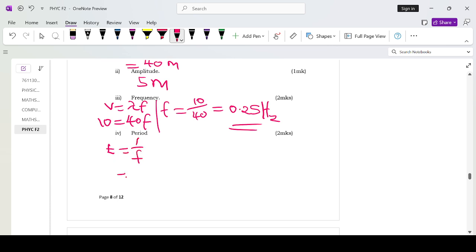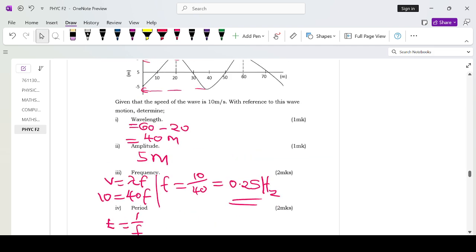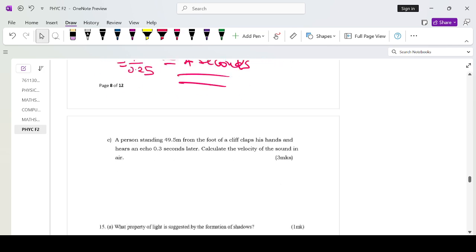So this is like saying 1 over 0.25. 1 divided by 0.25. Let me use my calculator. 1 divided by 0.25. I'm getting 4. 4 seconds. Because it's period. So you should be knowing those relationships. This is waves 1.